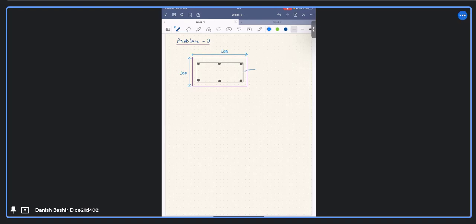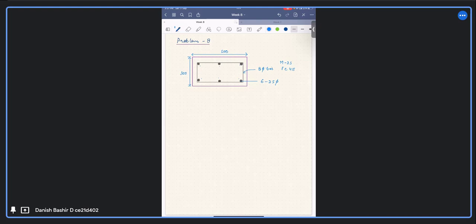These are 8 diameter ties, and the main rebars are these 6 bars. 1, 2, 3, 4, 5, 6 rebars, and all are 25 diameter. Concrete used is M25, and steel is Fe415 grade. And this is the column section.